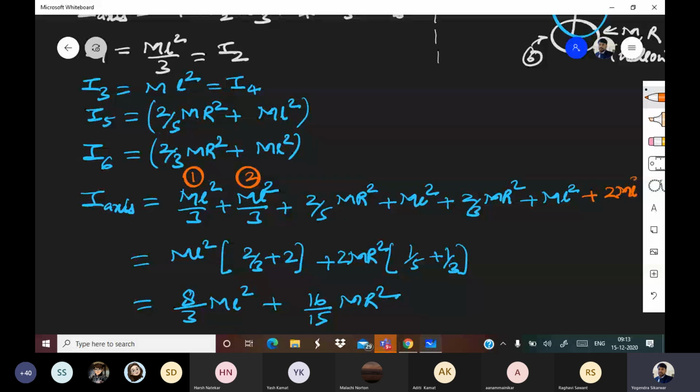If I add that 2 ml square, the final answer will be 14 by 3 ml square. It will be 14 by 3. Okay. Right. Thank you.